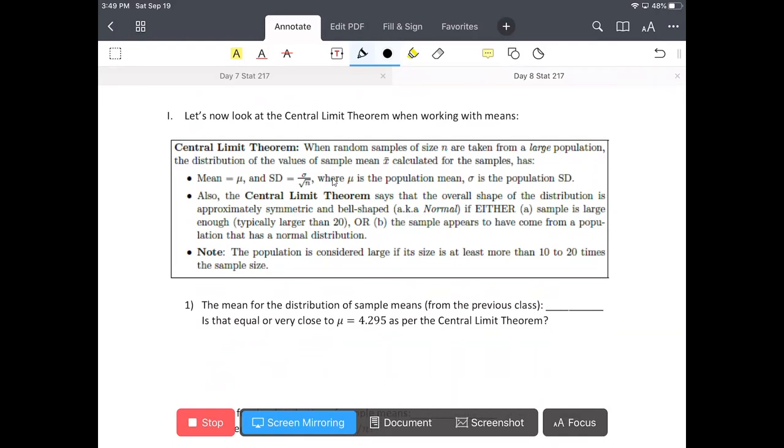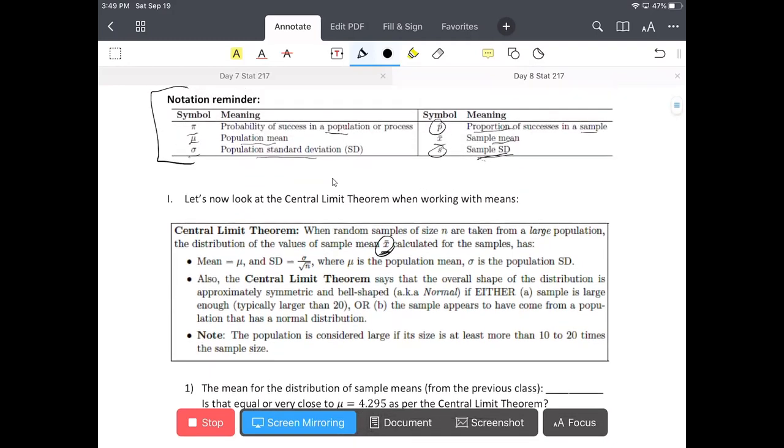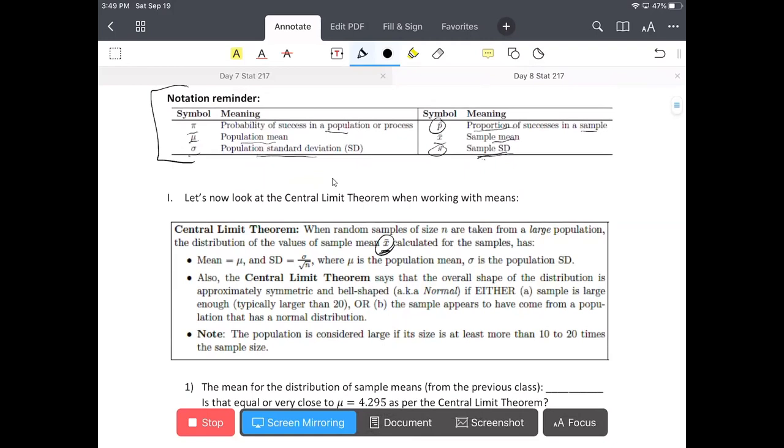When random samples of size n are taken from a large population, the distribution of the sample means, or sample averages, has a mean mu. You're like, well, mean mu, isn't that related to the population? Yes, bear with me though.